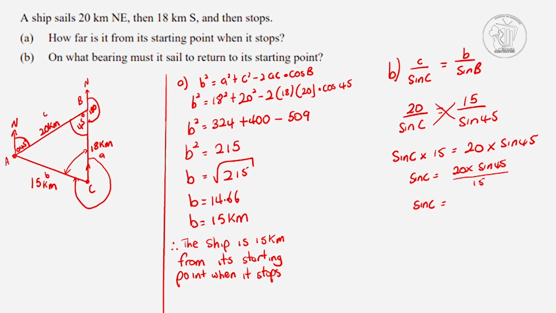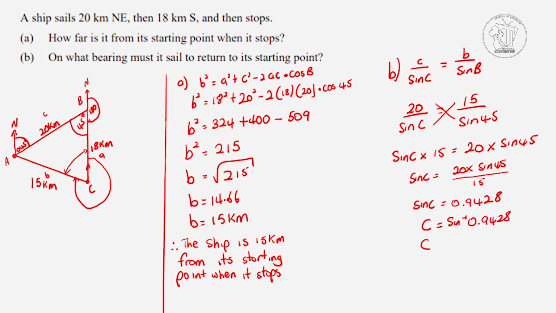We work this out in our calculator. 20 multiplied by sine 45 is 14.1421, and all of this will be divided by 15. So we get 0.9428, and to find C we take the sine inverse of this answer, 0.9428.